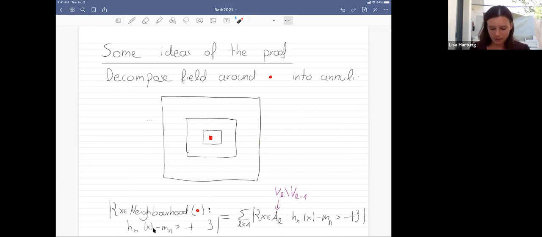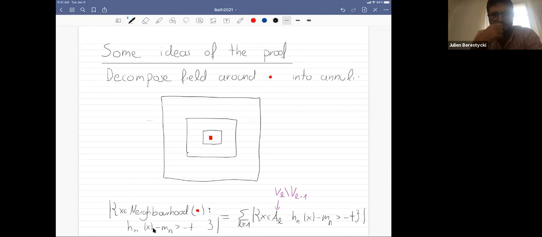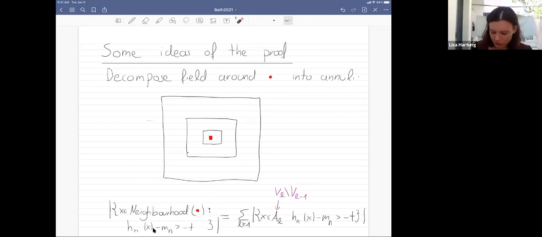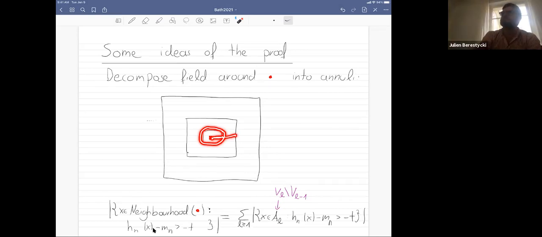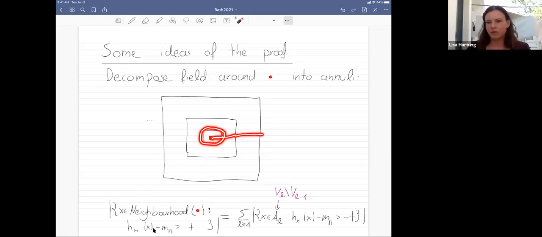So you find all points that have covariance 1 with this red point, and then you go to points that have covariance 2, 3, and you have to do this on a logarithmic scale because this Green's function is logarithmic.